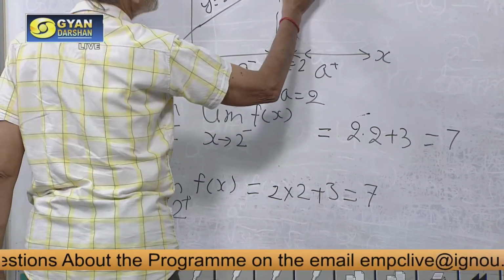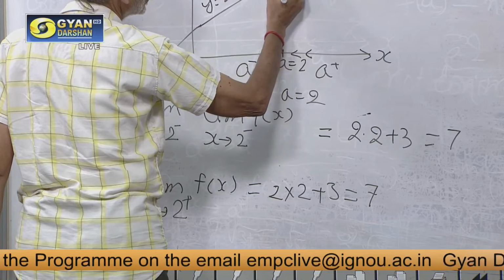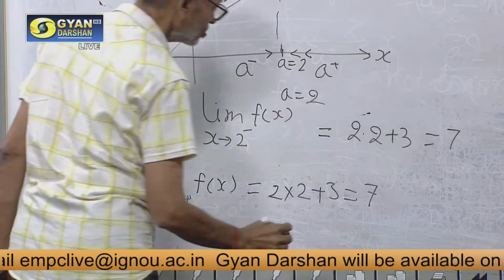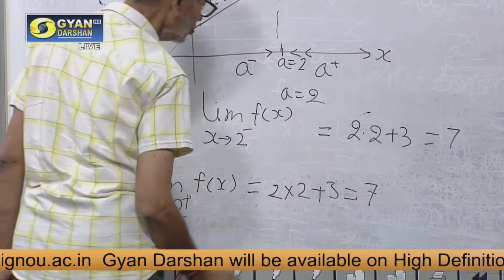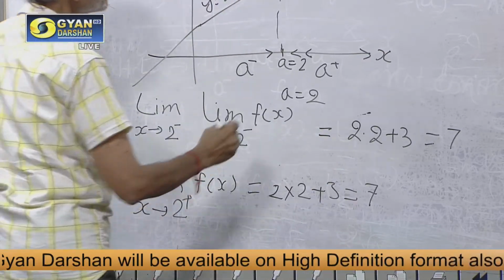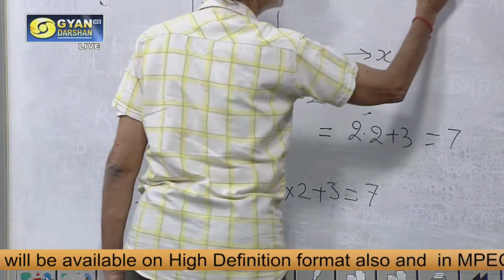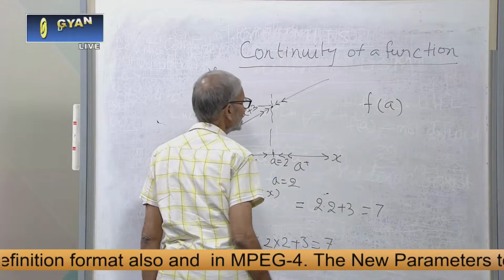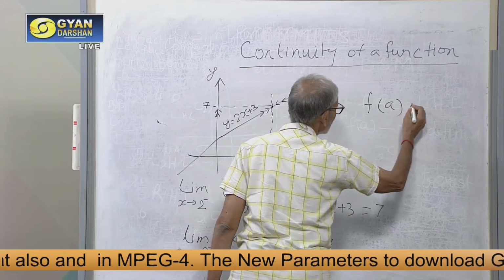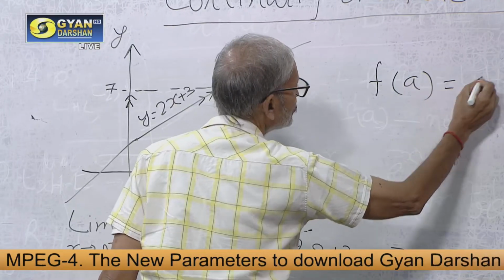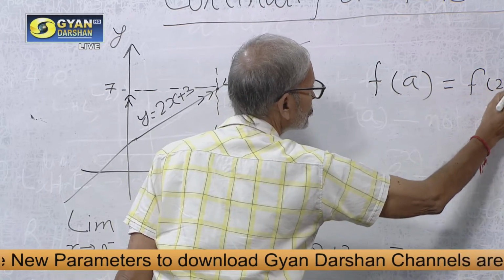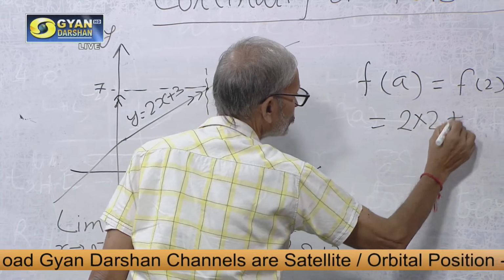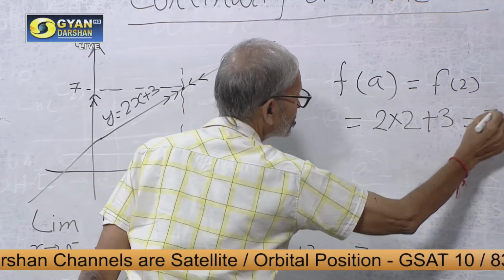So, it will approach from this side and it will again reach the point which is 7. So, this is also equal to 7. If I find out the value of function at a, that is a is equal to 2, it will be 2 into 2 plus 3 is equal to 7.